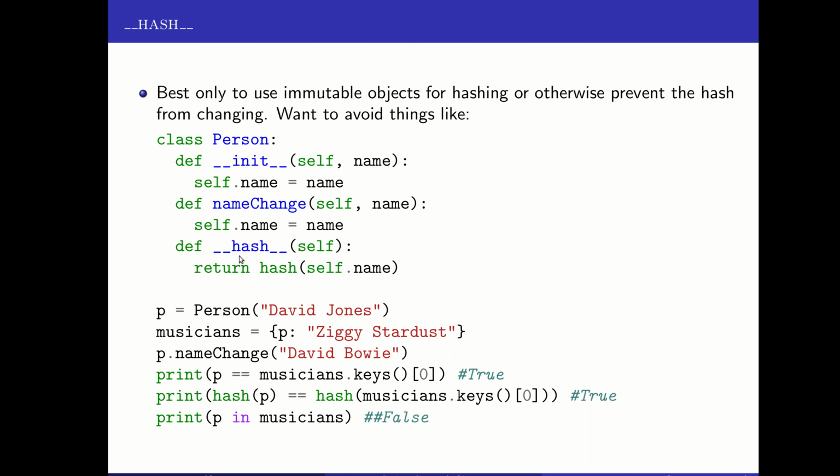Or store what the hash was the first time I did it, and then the hash would always stay the same. Anything like that can be done, but what I should not allow is for the hash to come out with a different value later than it did when the thing was stored.